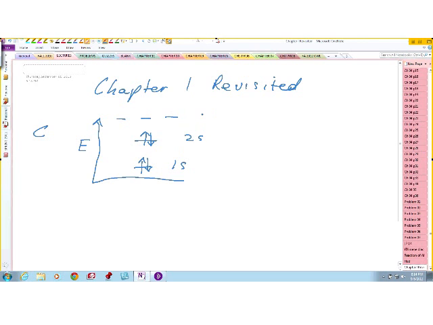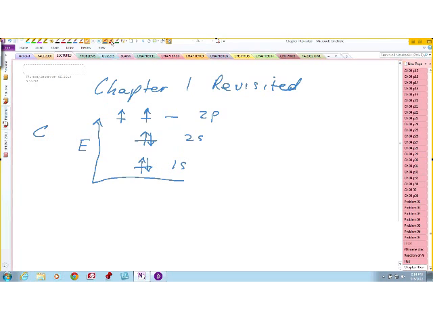This is 2s, and this is 2p. We have 1 electron here, and 1 electron here. The last p orbital of carbon does not have any electron.